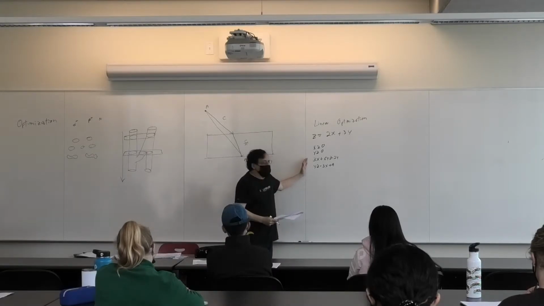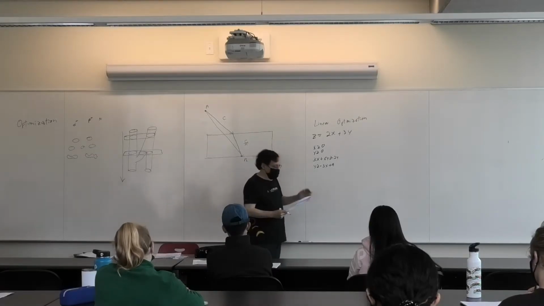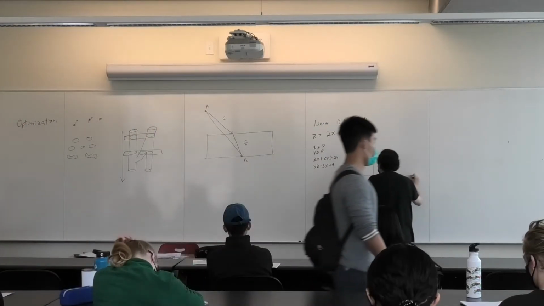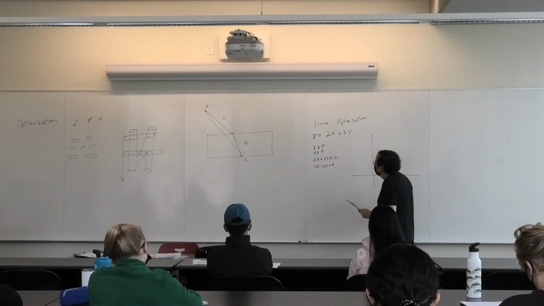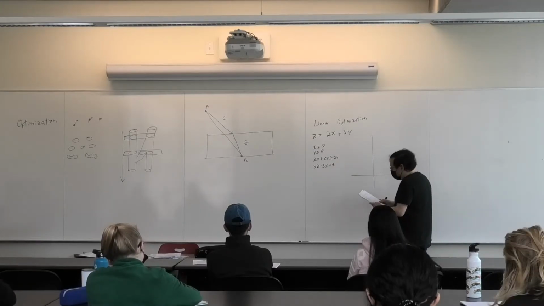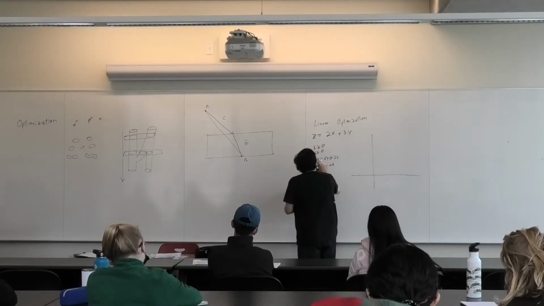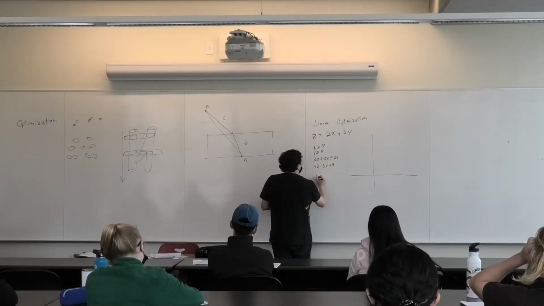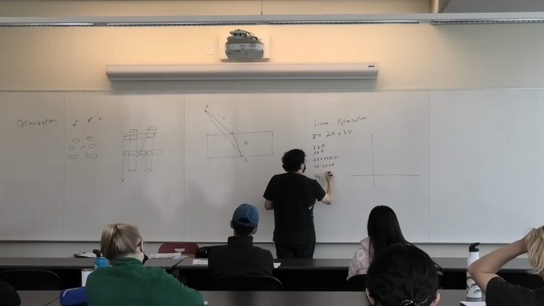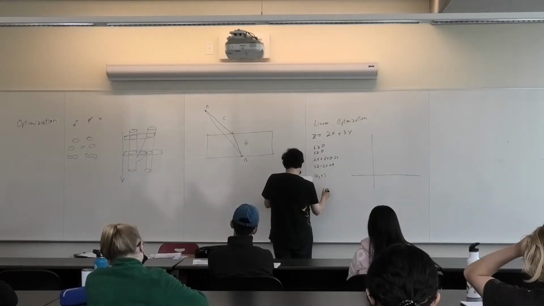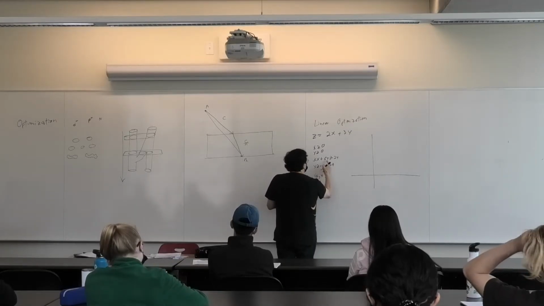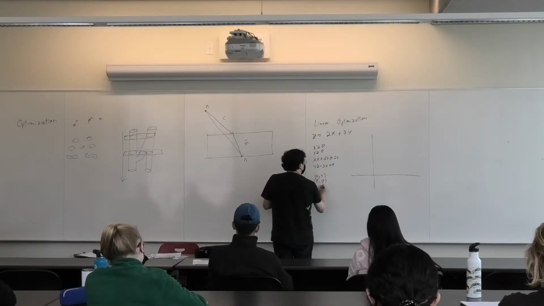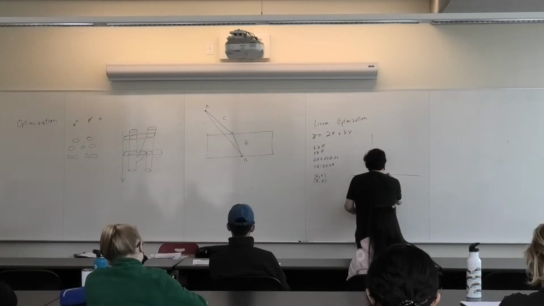So the strategy to solve this is we graph these inequalities. Right? So 3x plus 6y, let's see, if x is 0, y is 4, and if y is 0, then x will be 8.